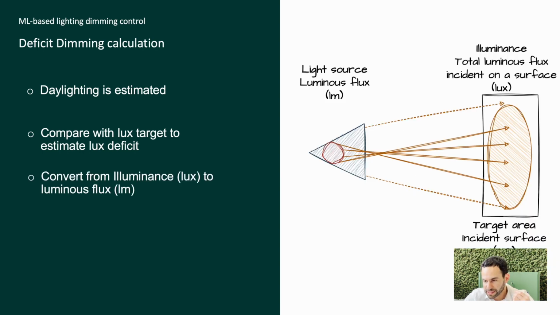Those lux that are missing, the 200 lux, are then converted to a luminous flux. There is a formula that uses the distance between the target area and the source, and then it is possible to convert into luminous flux. So those 200 lux are converted to a number of lumens.